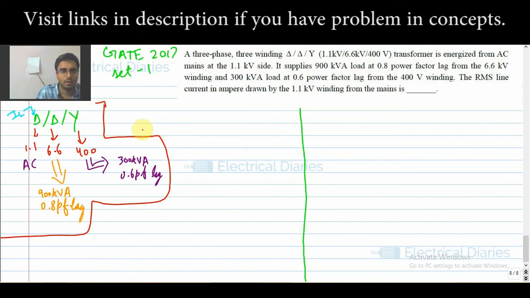So what you can do is work on this side. For the 1.1 kV delta side, VL is 1.1 kV.